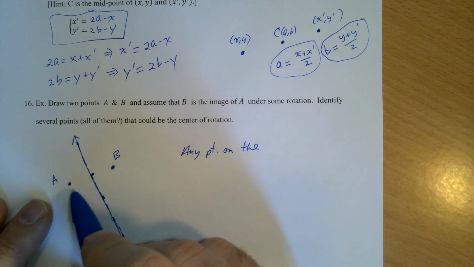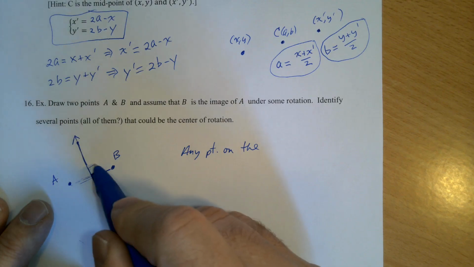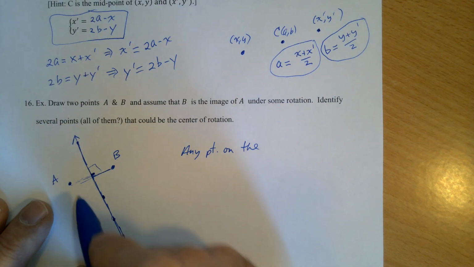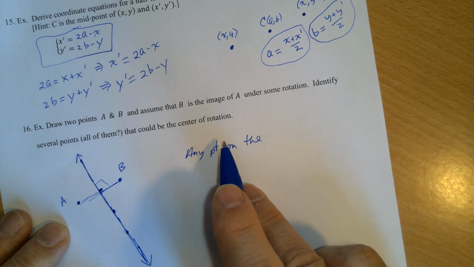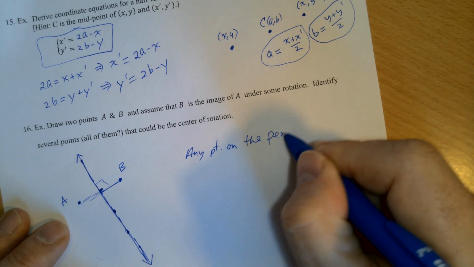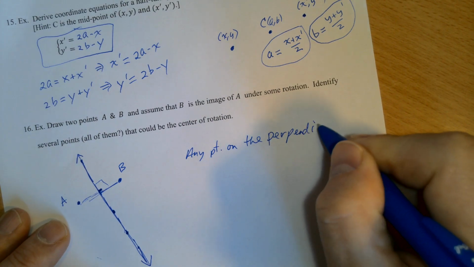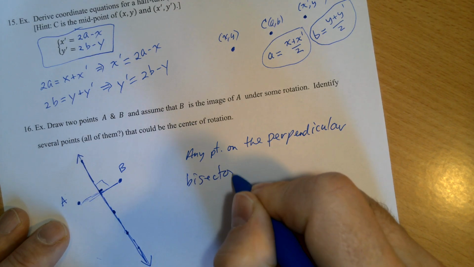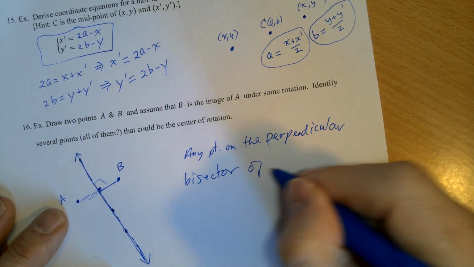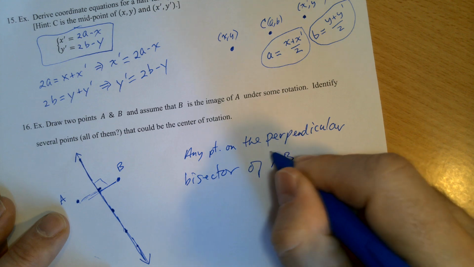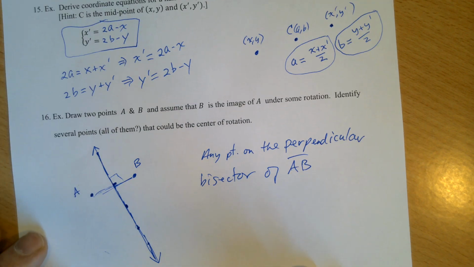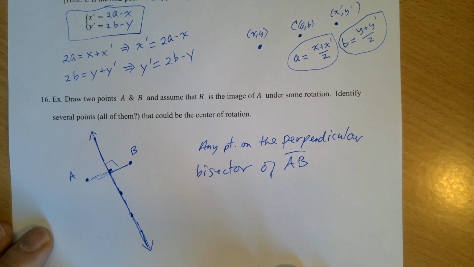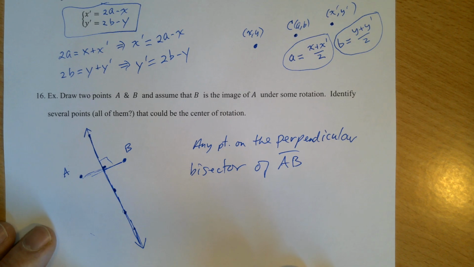If we connected A with B, this would be the perpendicular bisector. So any point on the perpendicular bisector, which is a line, of line segment AB. That would be all of the points.